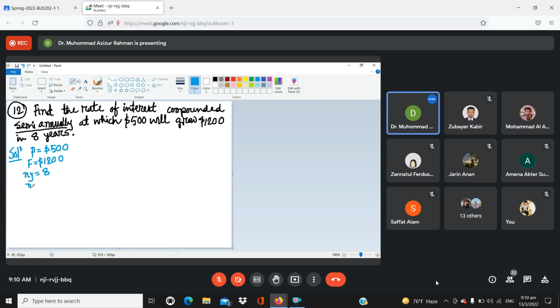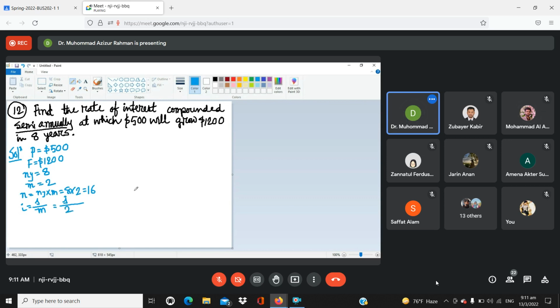Sir, 2. So your n actually how much? 16, and it is years times m conversions. So it's 8 times 2 equals 16 conversions. And then i equals j divided by m, right? Yes, sir. So you need to find the value of j actually. So m is 2 here.